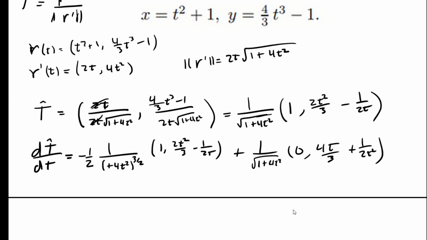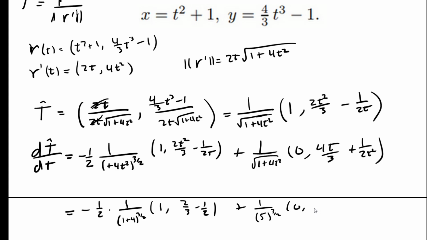So I can just plug t equals 1 in, and this gives me minus 1/2 times 1 over 1 plus 4 to the 3/2 times 1, we have 2 over 3 minus 1/2, plus 1 over, again, 5 to the 3/2, 0, 4/3 plus 1/2.